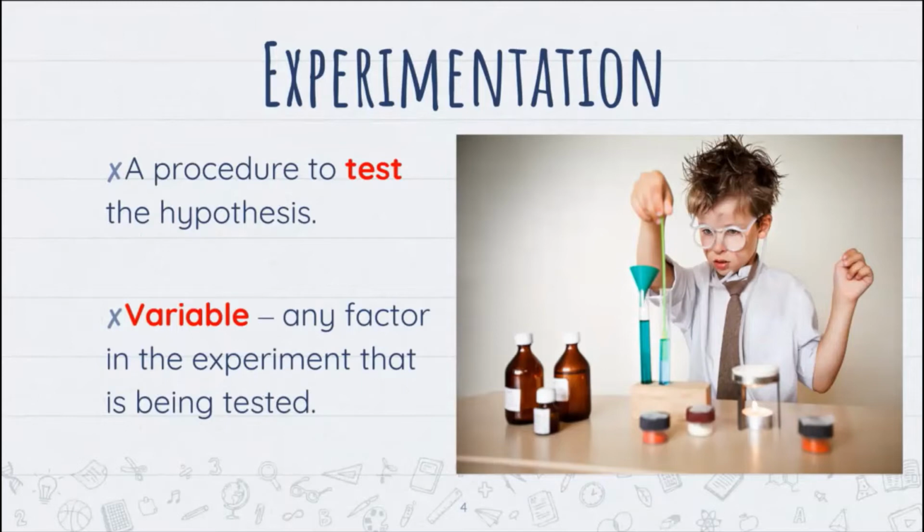When we say variable, it is any factor in the experiment that is being tested. As I told you, these are the actors and actresses in your experiment because these are the variables that you manipulate, that you measure, that you keep the same.